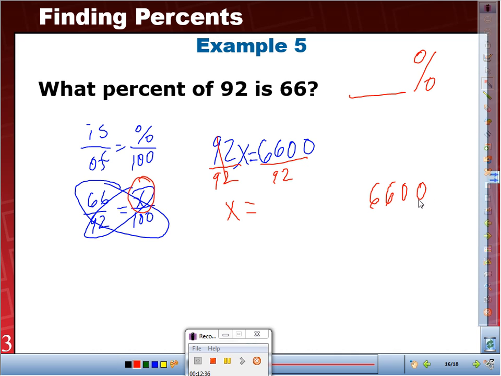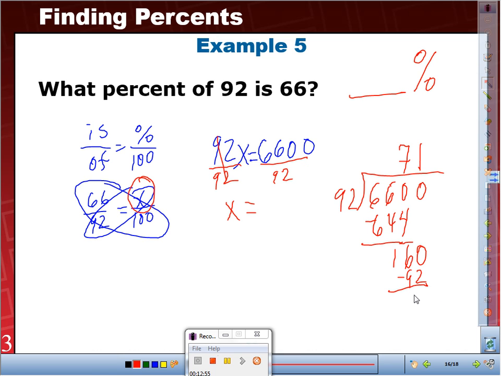x equals, let's see, 6600 divided by 92. It goes in here 7 times. That's 14, I got 1, 63 plus 1, 64. Subtract, that's 16, I bring down a 0. If it's in there 1 time, 92. Subtract, that's 68. Add a decimal and a 0.